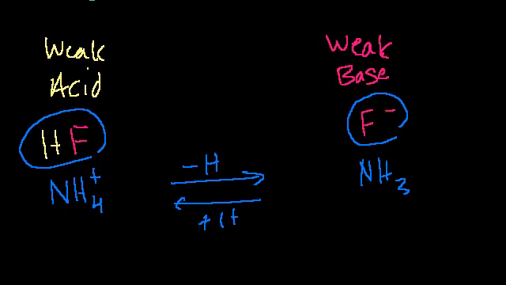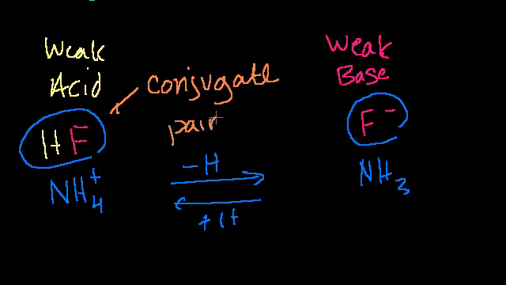So these are conjugate pairs, which are essentially two molecules that are identical except for a difference in one hydrogen. No more than one hydrogen. One day there might be a test where someone shows you two molecules that are separated by two hydrogens. Those would not be conjugate pairs.